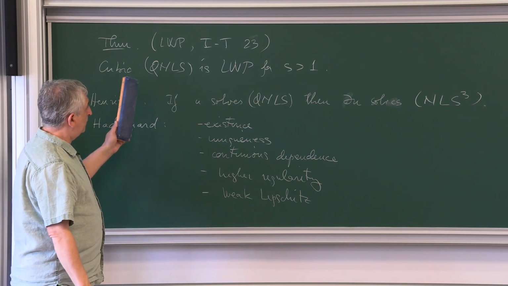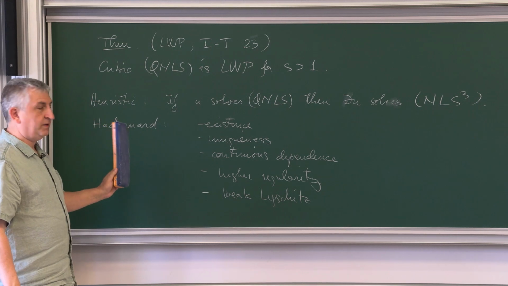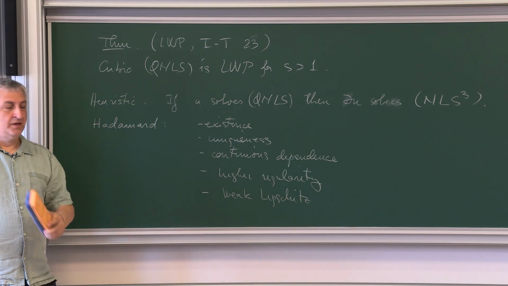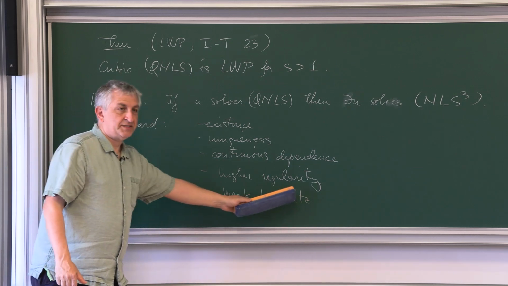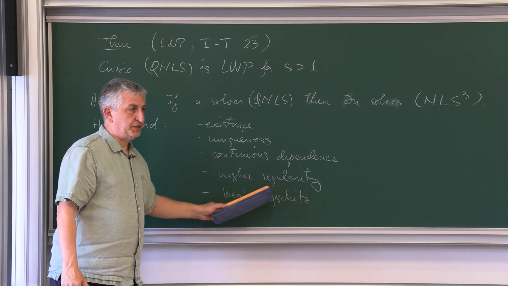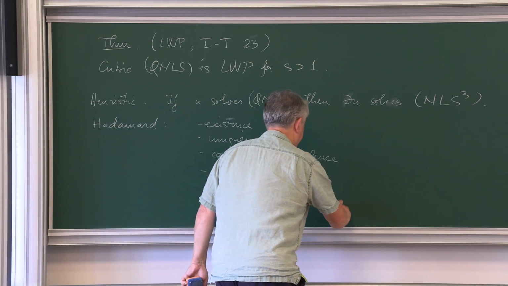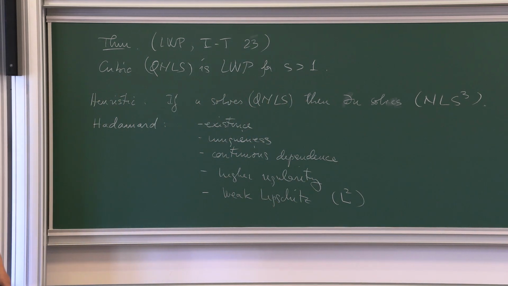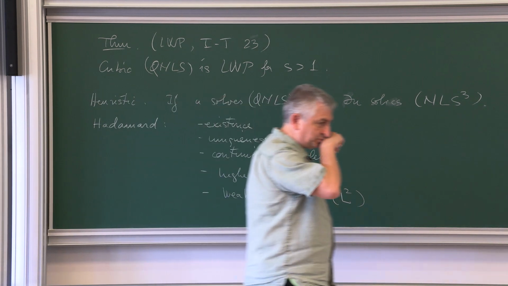So the data to solution map, the flow map, because the problem is quasi-linear, is only continuous, but it is Lipschitz in a weaker topology. And the weaker topology that we use is simply the L2 topology. We didn't worry about making this the most general. L2 works, so we were happy with it. All right.